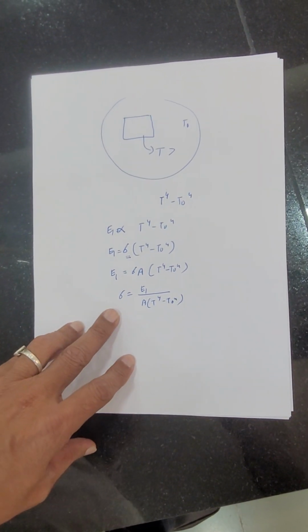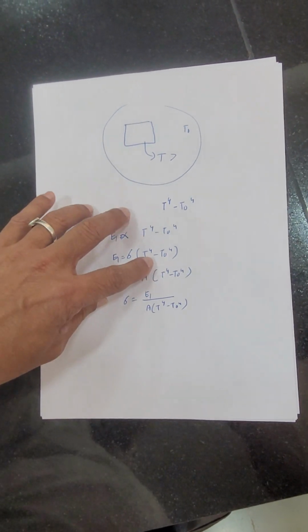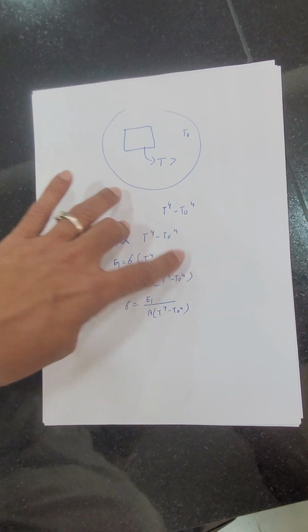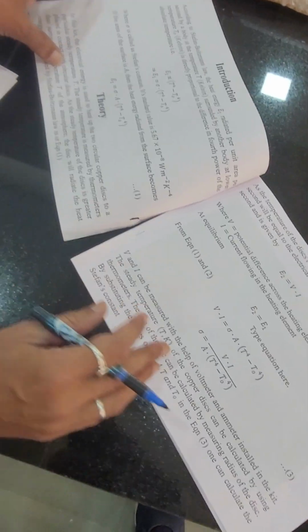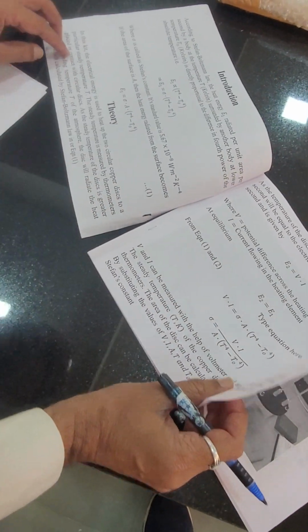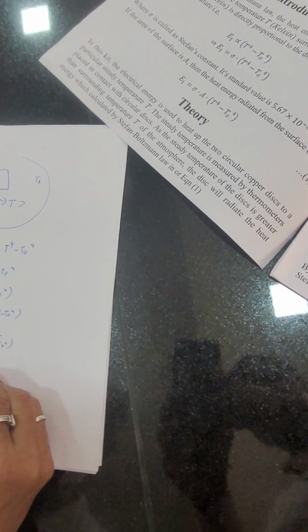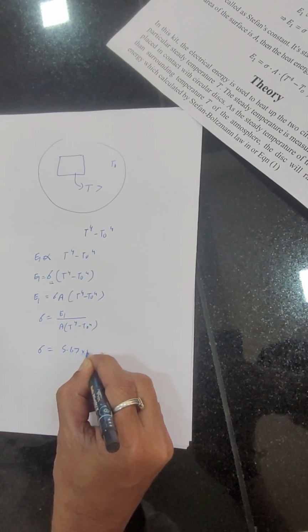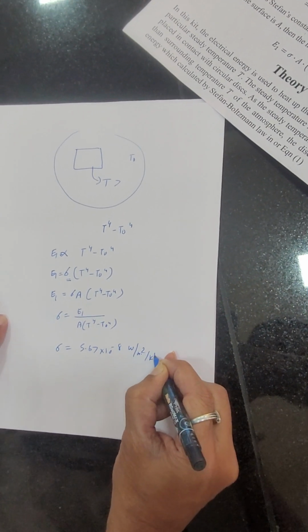So what is Stefan's constant then? It is the constant of proportionality between the rate of emission of heat and the difference between T raised to 4 and T0 raised to 4. The value of Stefan's constant is sigma equal to 5.67 into 10 raised to minus 8 watts per meter square Kelvin raised to 4.